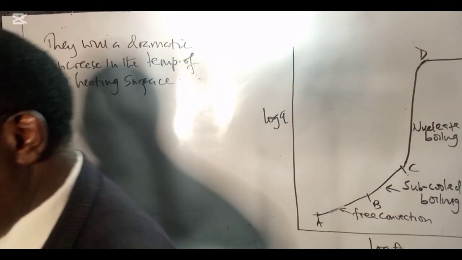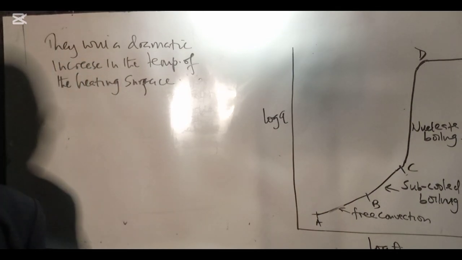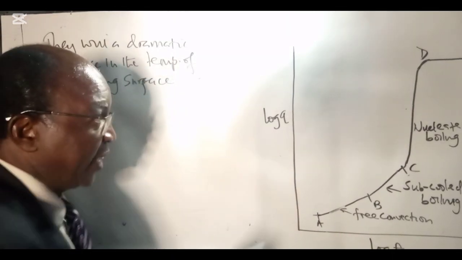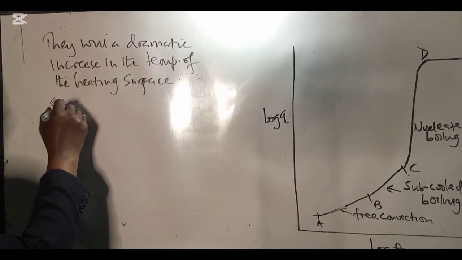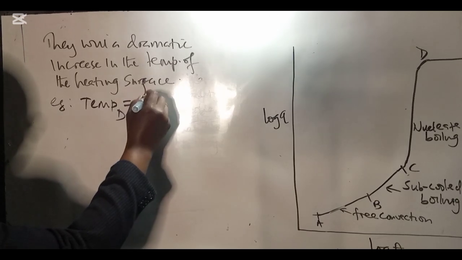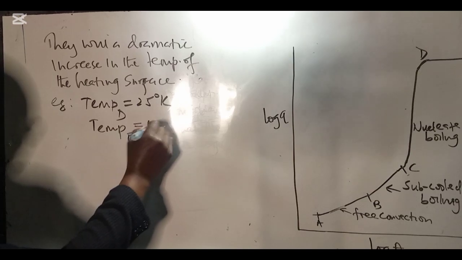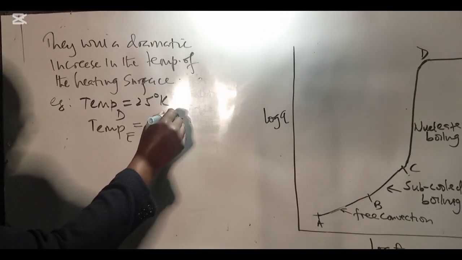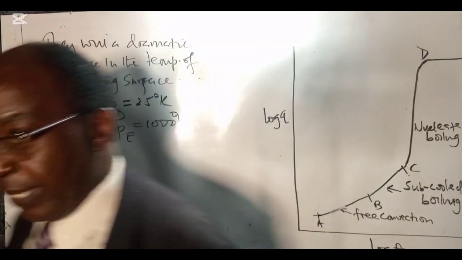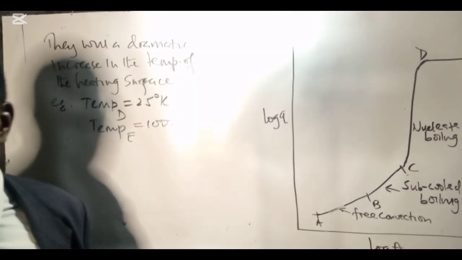And it's a little bit tricky, because if the temperature is extremely high, your heating system will break down. It can melt. So you can find that the temperature at point D, just as an example, might be 25 degrees K, but the temperature at point E might be 1000 K. If you're at 1000 K, the material in the first place has to be special in terms of its thermal properties.